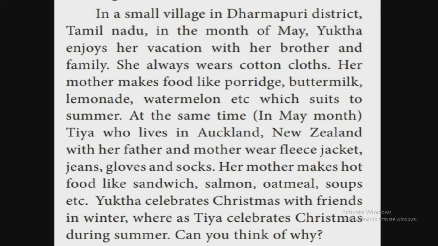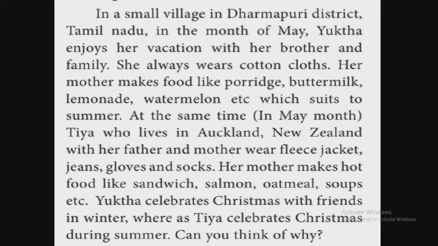At the same time, in the same month of May, Tia lives in Auckland, New Zealand. Tia is another girl here. She lives in Auckland, which is in New Zealand, with her father and mother. She wears a fleece jacket, jeans, gloves, and socks.